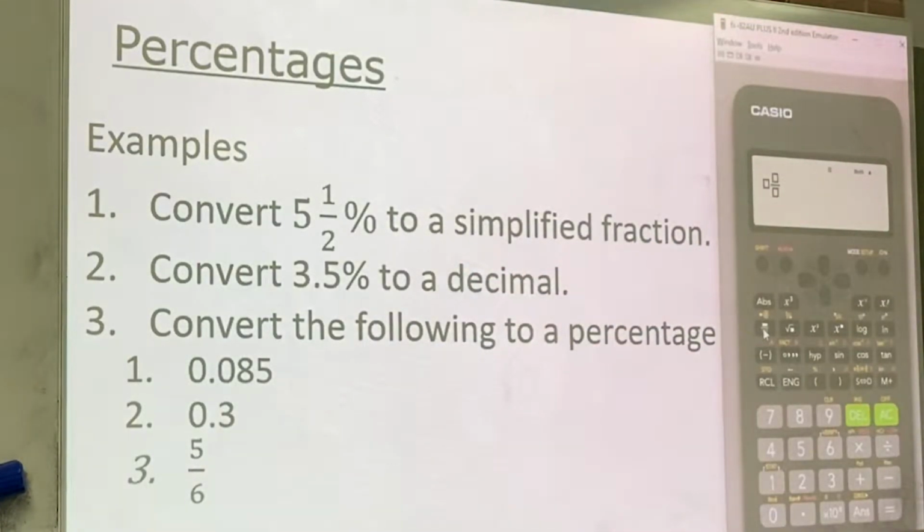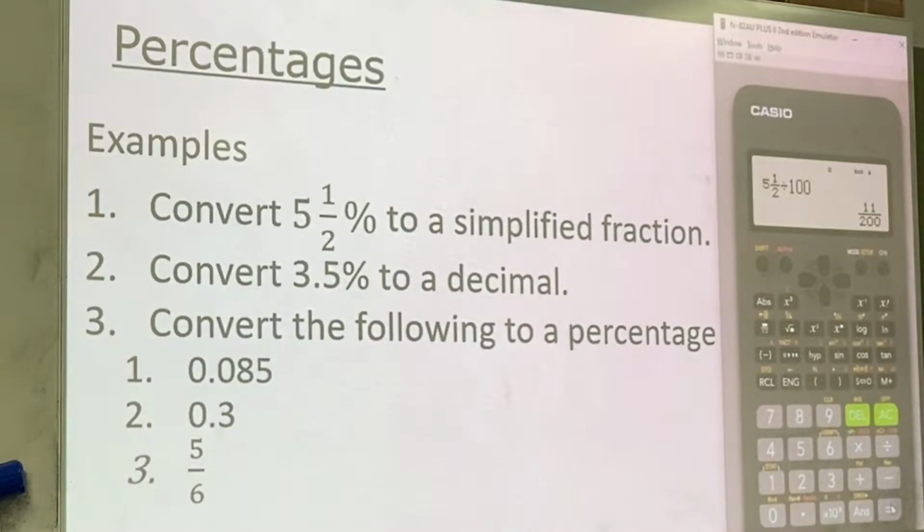I then enter the numbers in, so I'm going to have a 5 as the first number, and then I need to go up to there, which it doesn't easily do, except if I press the right button, and then I get 1, press the right button again to enter the 2. And then go right again to get out of the fraction. I then divide by 100.